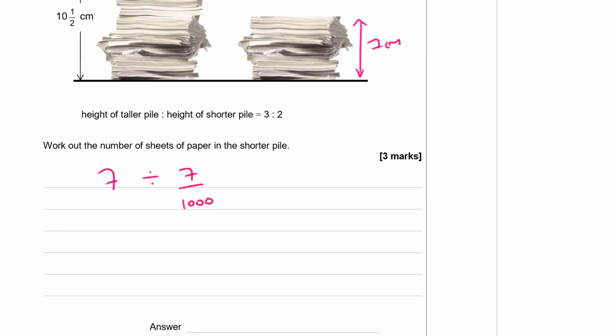Well, when I divide by a fraction, that's the same as flipping over and times-ing. So 7 times 1000 over 7. Now you can see that those 7's are going to cancel off, and that's going to leave me 1000. So there are 1000 sheets of paper.